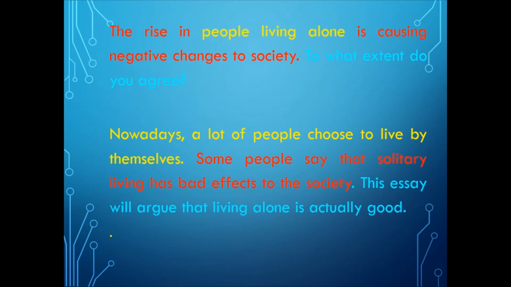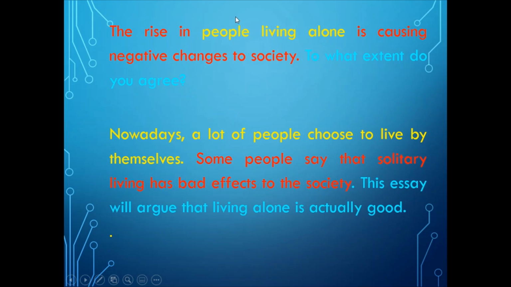Now, what is the issue? What is the problem with people living alone? The rise in people living alone is causing negative changes to society. So still we have the topic and we have the issue. It's just not in separate sentences, but in this one sentence, we have the topic and the issue.